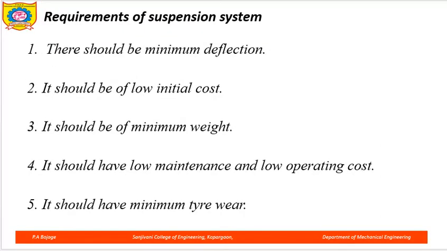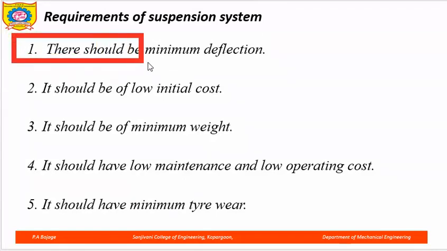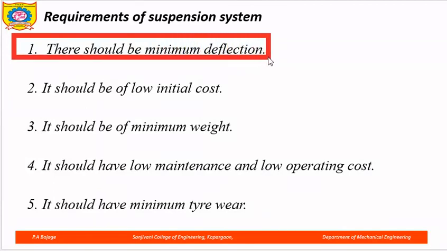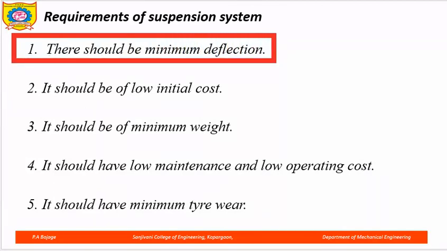Now, what are the requirements of a suspension system? The requirements of a suspension system are, there should be minimum deflection basically. It should have a low initial cost.